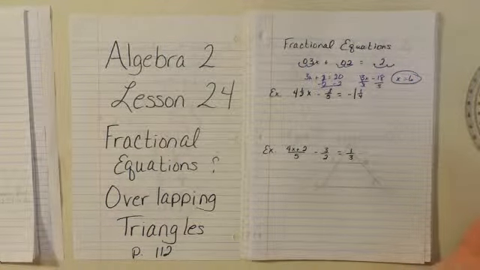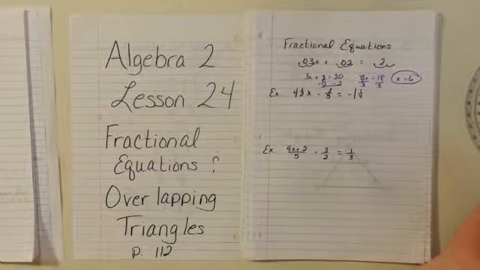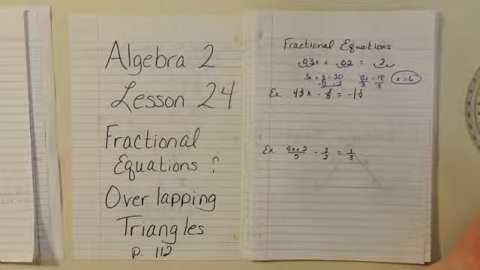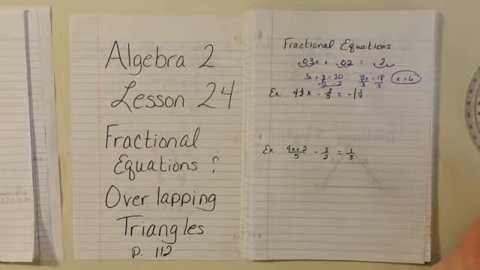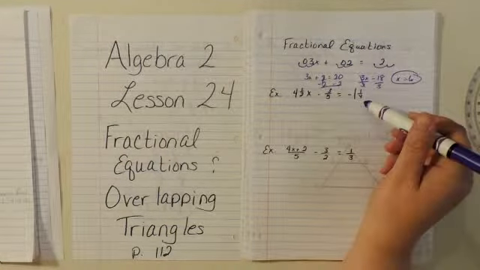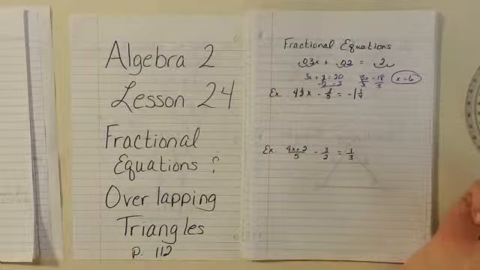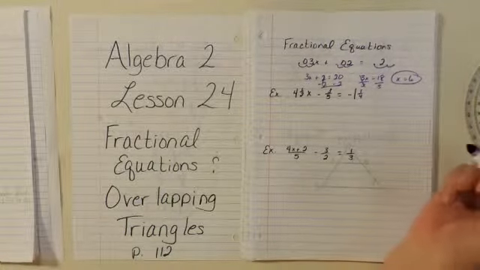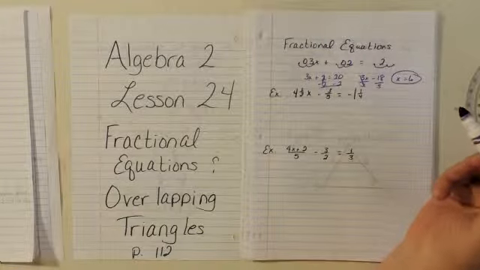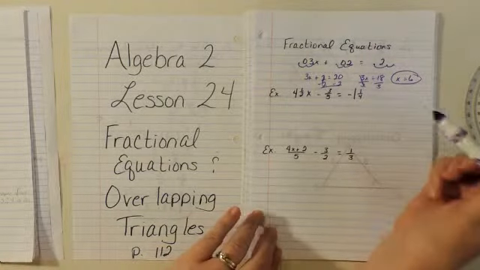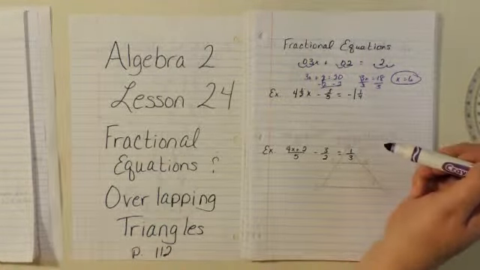We can solve equations with fractions by multiplying every term by the least common multiple of the denominators. And then the denominators will cancel and we're left with just the numerator. So to start out with, we need to find the lowest common multiple of all of the terms.